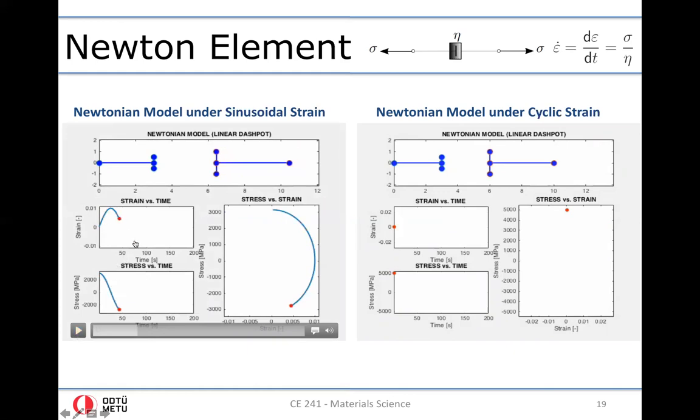We apply the strain, this is the stress, and you see when the strain is maximum, where the rate of the strain is 0, stress is equal to 0. So we have such a lag, and this lag results in such an interesting stress strain curve.